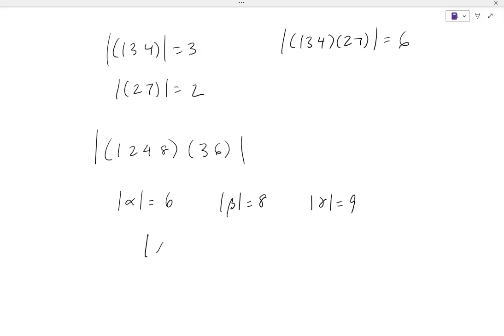You want the order of alpha, beta, gamma if alpha, beta, and gamma are disjoint permutations. What I mean by disjoint permutations is that if a symbol appears in one of them, it doesn't appear in the other 2. Okay.